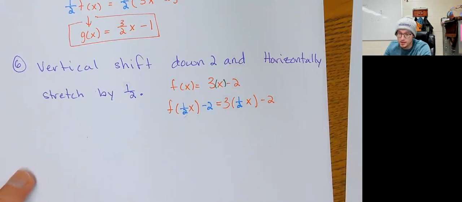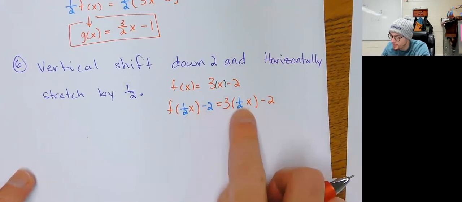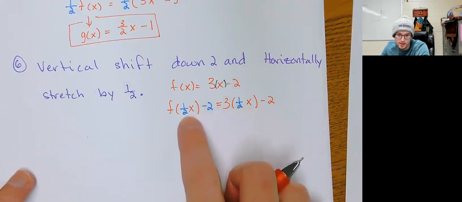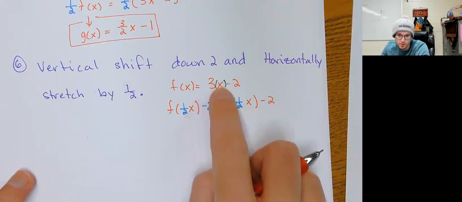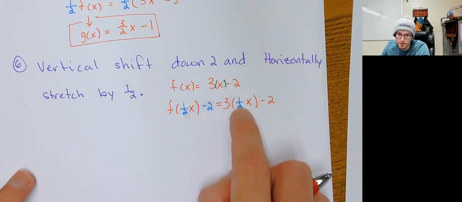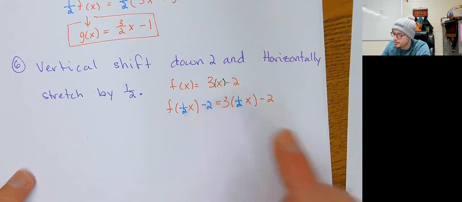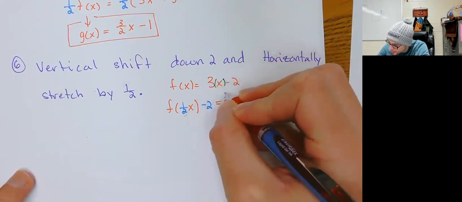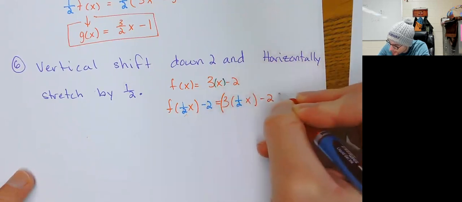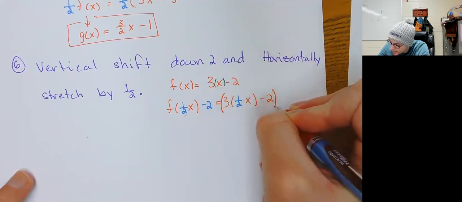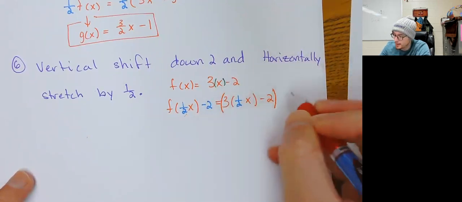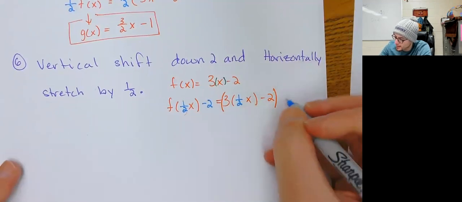My issue is I already did the 1/2. I did this only to the variable, multiplying only to the variable, the 1/2. But now I need to subtract off 2 off of the entire function. So I need to put parentheses around the entire function and then subtract off 2.